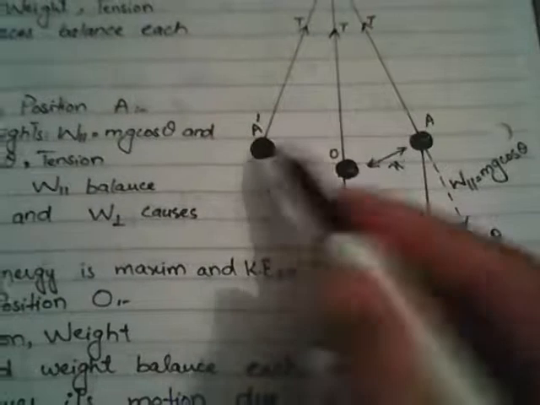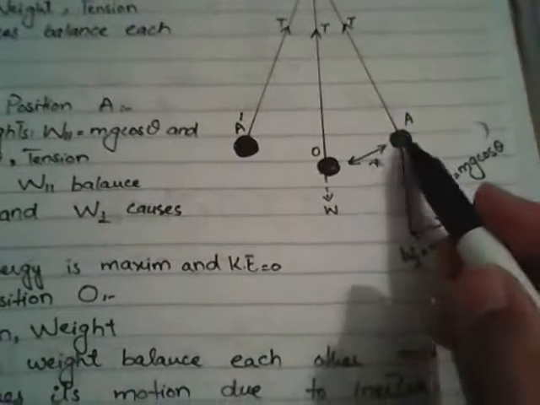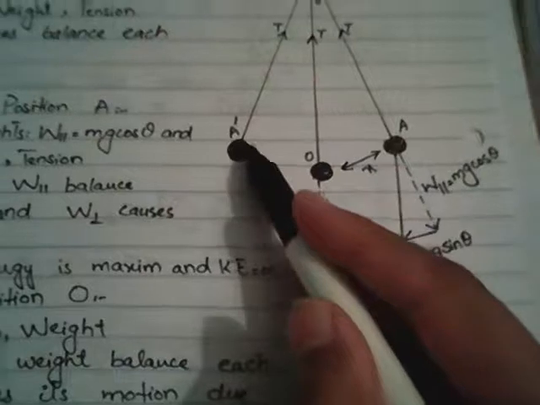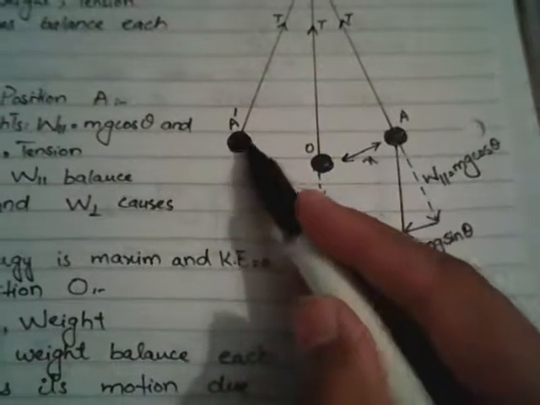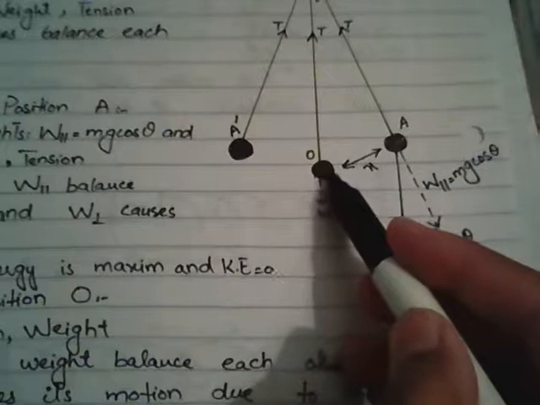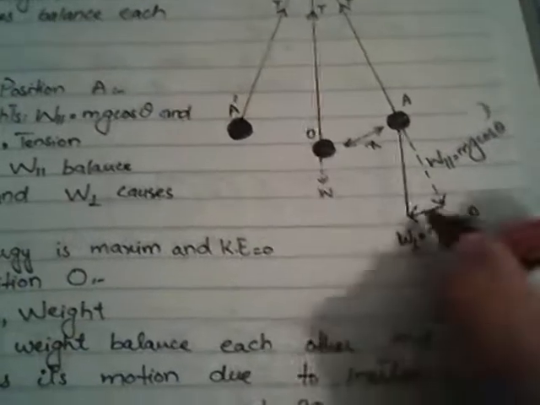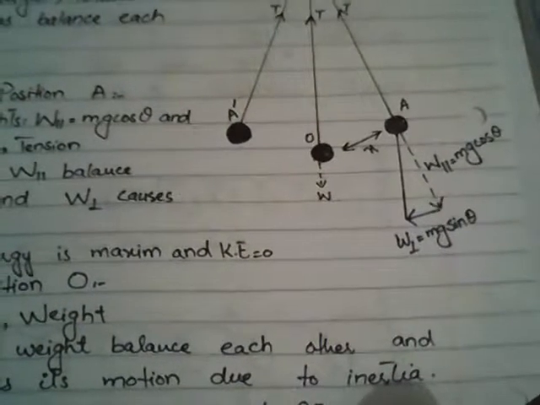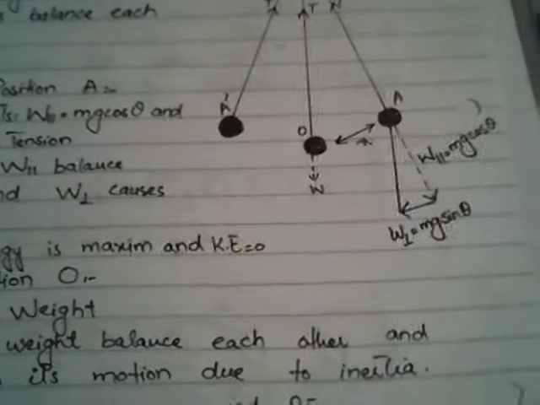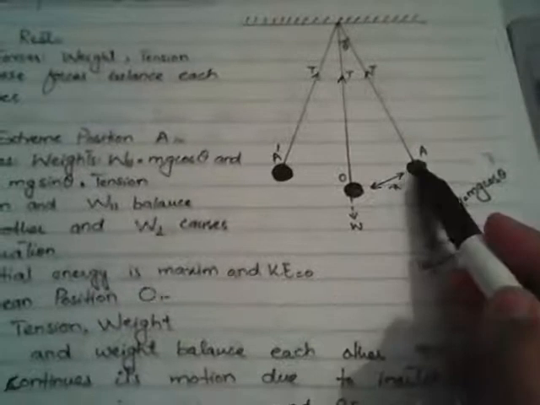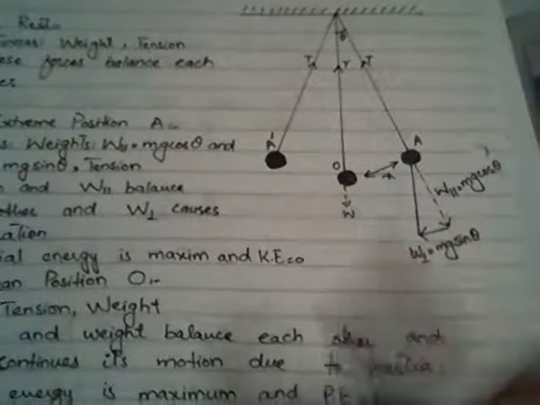After reaching A prime, the same thing happens as at A. The bob again starts its motion to the mean position due to the perpendicular component of the weight. So when we displace it through some distance, it will start moving to and fro about the same mean position.